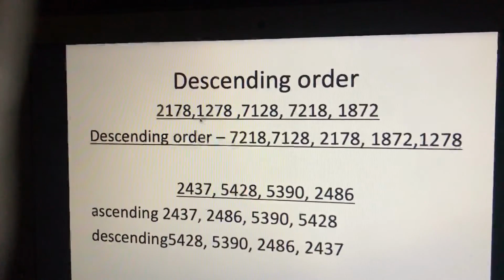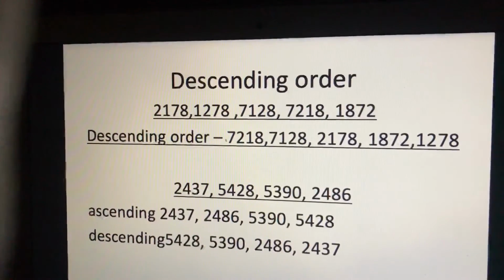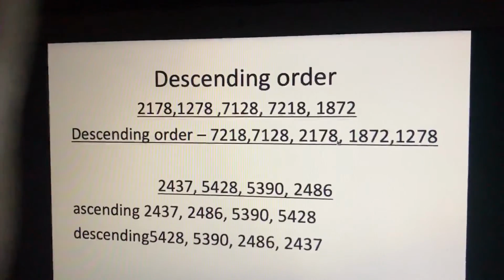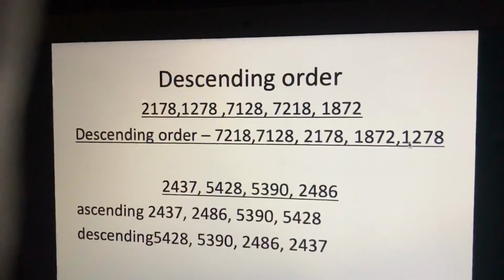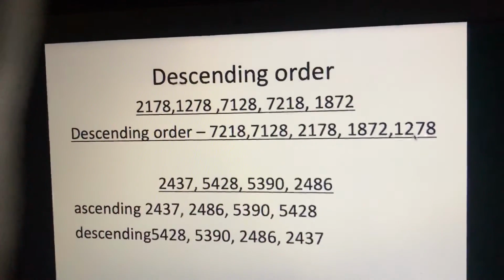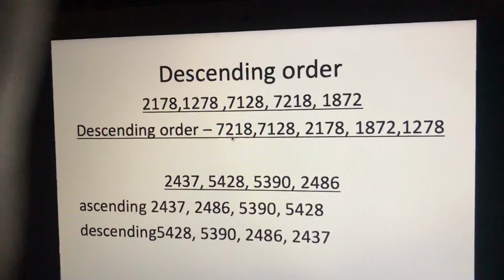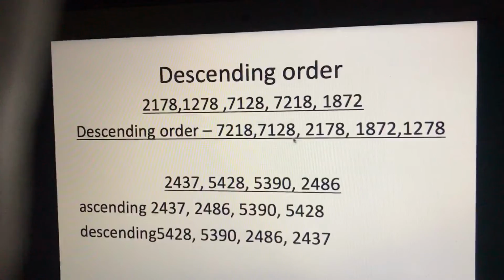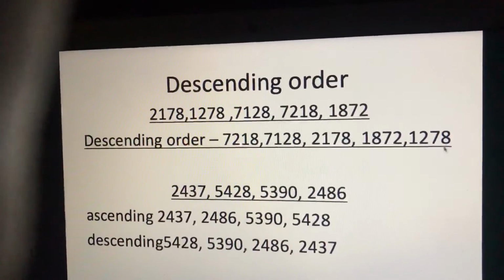Here is 2 and here is 1 at thousands place. So this is greater. We write 2178. Next is 1872 and last is 1278. This is descending order. First greatest number, next second greatest, next this, next this, and last is the smallest number.